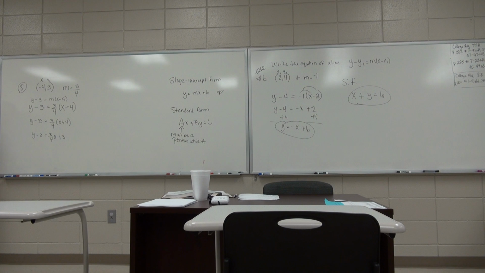So far, so good. Now I'm going to give you 2 options that you can do. First of all, let's go ahead and get y by itself. Let's add 3 to both sides. So I get here y is equal to 3/4 x plus 6. There's the answer in slope-intercept form.